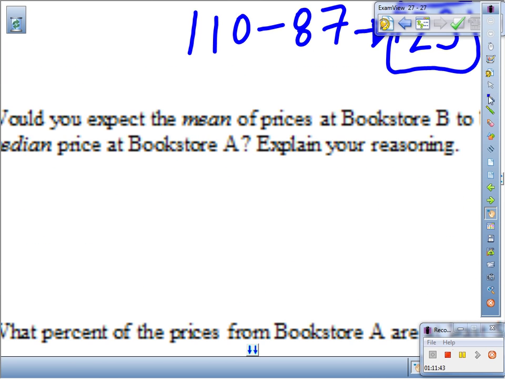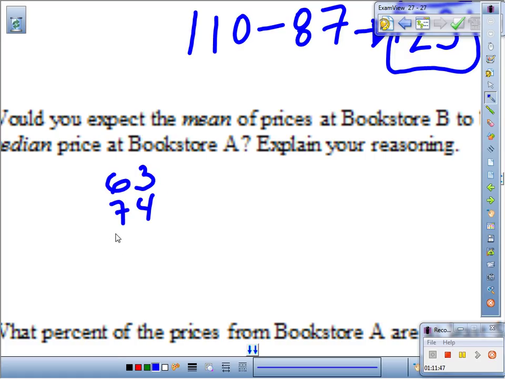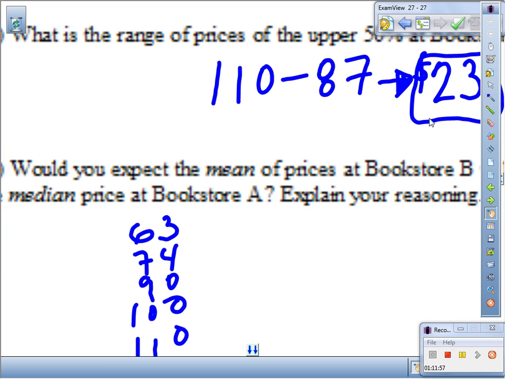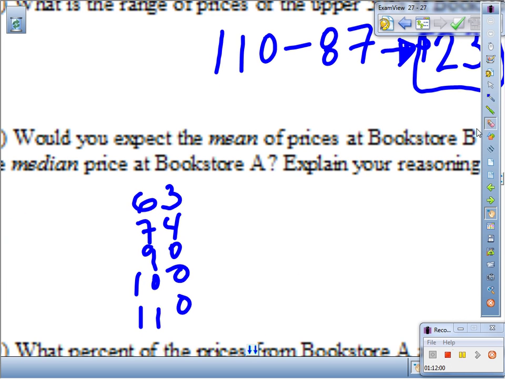So we do 63 plus 74 plus what? 90, 100, and 110. Are those numbers correct? Oh, it's 87 instead of 90. Sorry. 87.